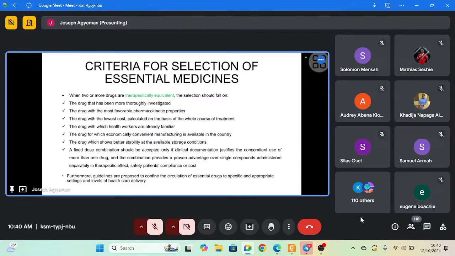So why do you give a product that contains amlodipine and lisinopril at the same time? So those drugs should only be selected if there are justifications that the person needs to use those 2 drugs concomitantly. That means a single drug of which one of them is part only is not able to control the BP. Okay, let's continue. And the combination provides a proven advantage over a single compound administered separately.